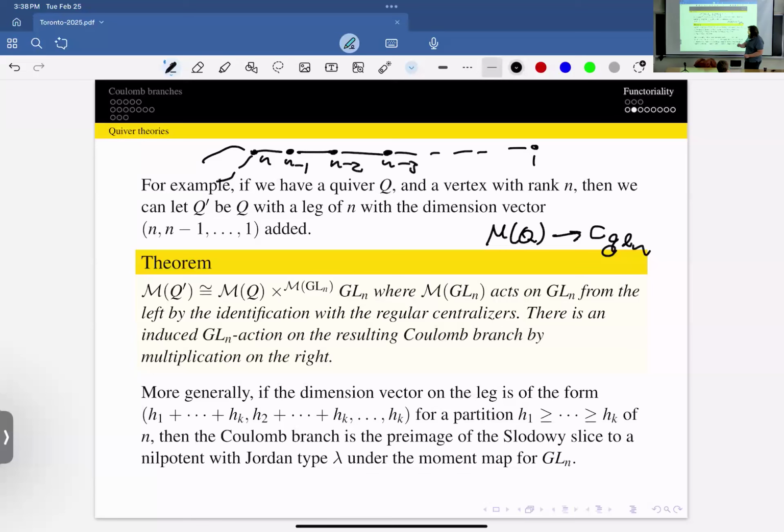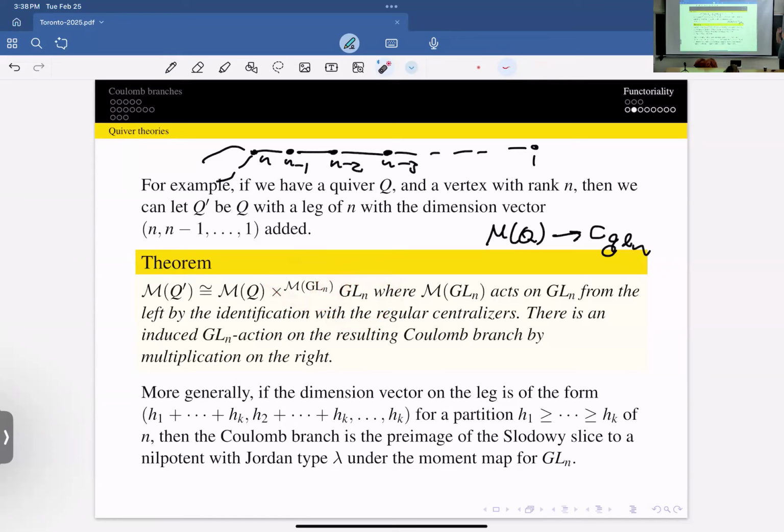And part of the structure of the Coulomb branch I mentioned before is that on the fiber over each of these polynomials, I get an action of the centralizer of the companion matrix. So what I'm doing is on each of those fibers I'm multiplying by GLN, and I'm modding out by the action of this centralizer.